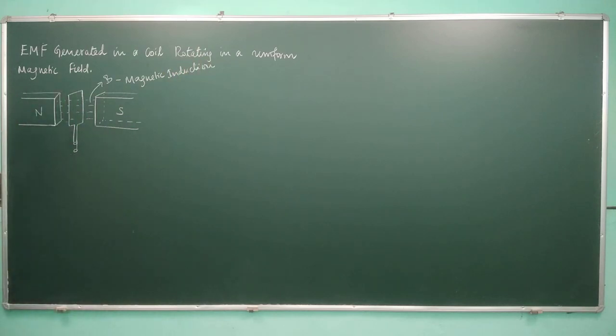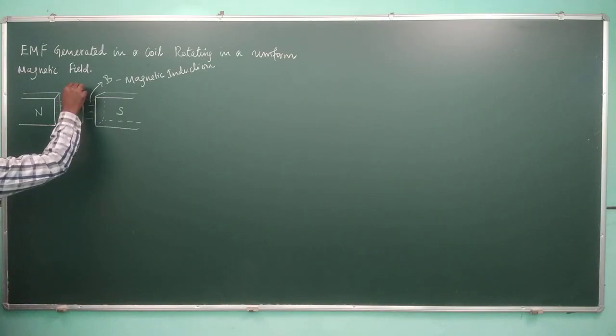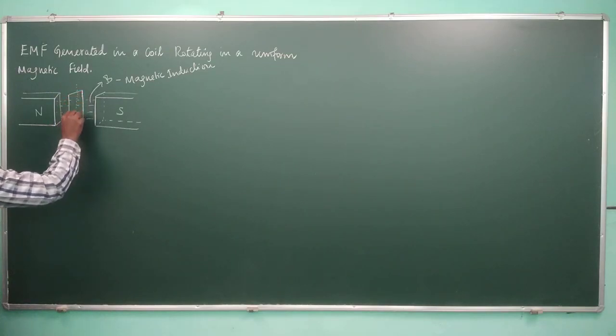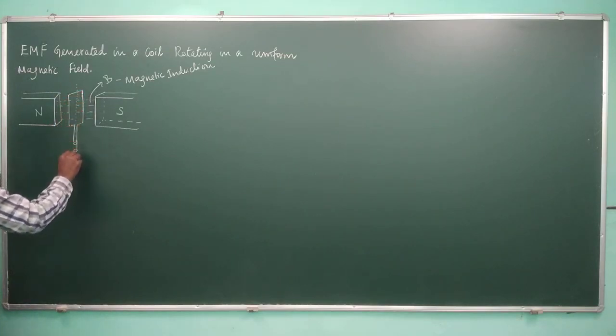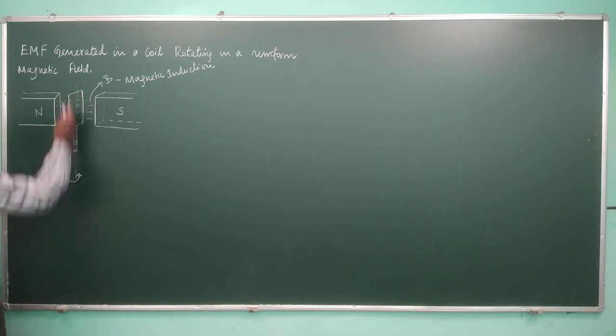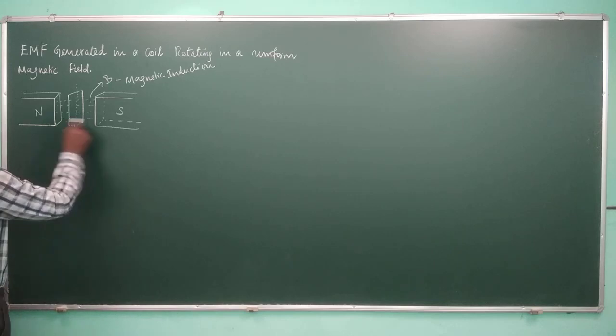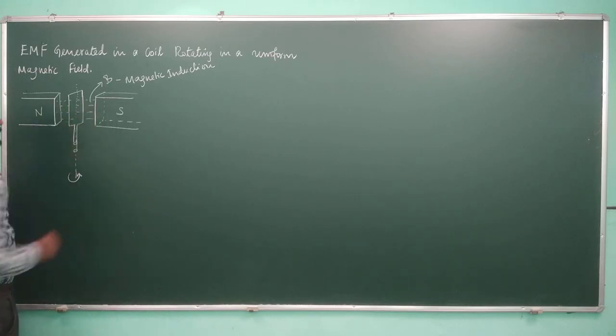And now this coil is placed in such a way that it could rotate about an axis, and this axis of rotation lies perpendicular to the direction of the magnetic induction. Got it?